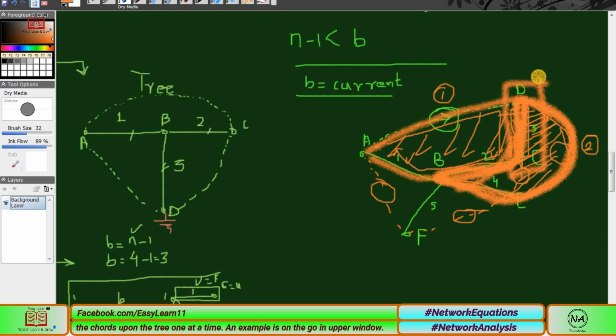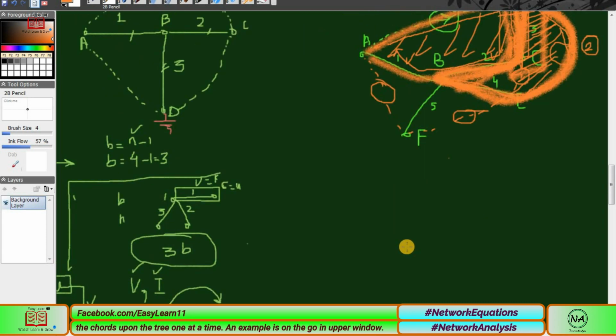It doesn't mean that only if the 2 currents are opposite to each other, one coming downward and the other going upward, we need to consider them. We always consider this situation, whether both currents are on the same side or on opposite sides.